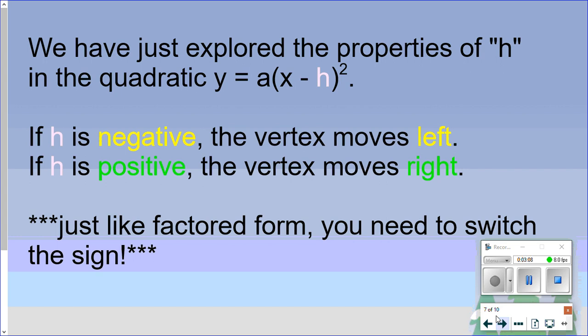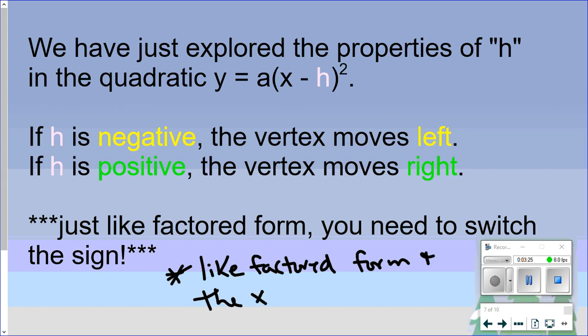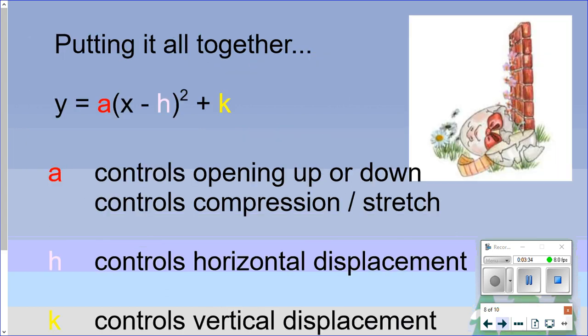So it's very much like factored form and those darn x-intercepts.